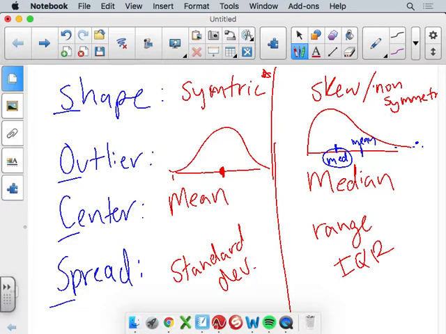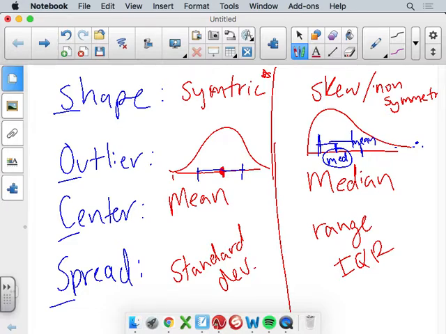Same thing with standard deviation. It's a value that talks about how far I typically am from the mean. So if the mean is a good number, standard deviation is a good number because it talks about how far most typical values are from the mean. Range and IQR would be on this one, giving me a better idea.